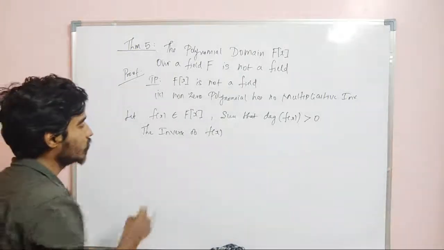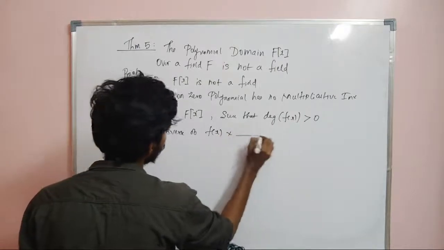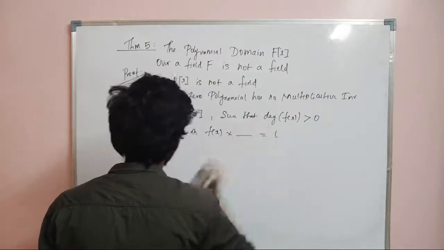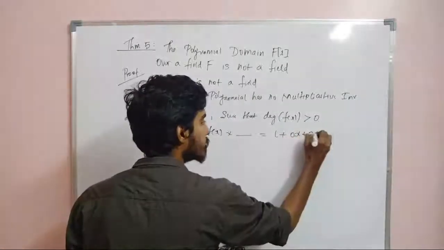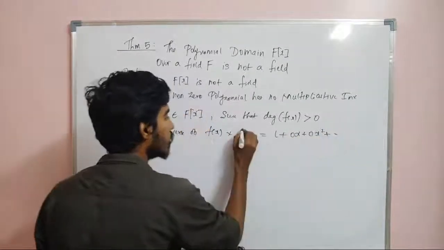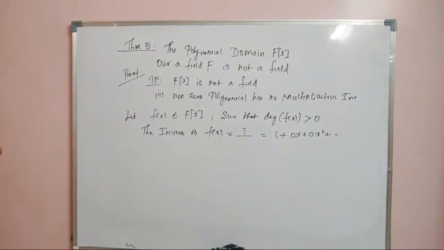Actually, we can go by intuition. So what will be the inverse of f(x)? f(x) times something, you need to get 1. That is, you need to get 1 plus 0x plus 0x squared and so on. So what will this polynomial be?